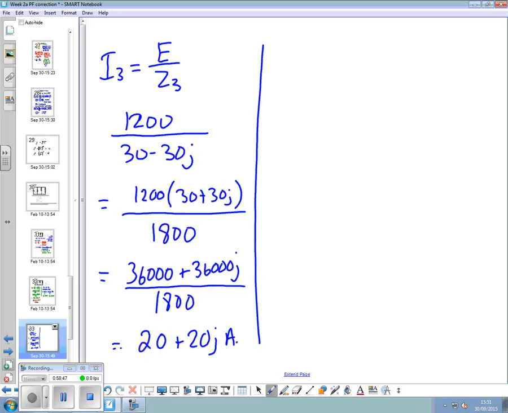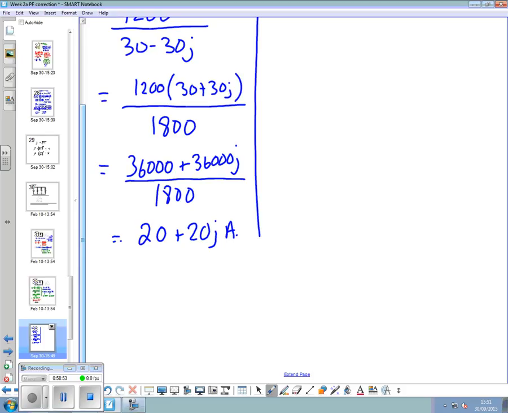Polar wise, that converts to 28.3 amps, angle 45 degrees. Does that fit in with CIVIL?